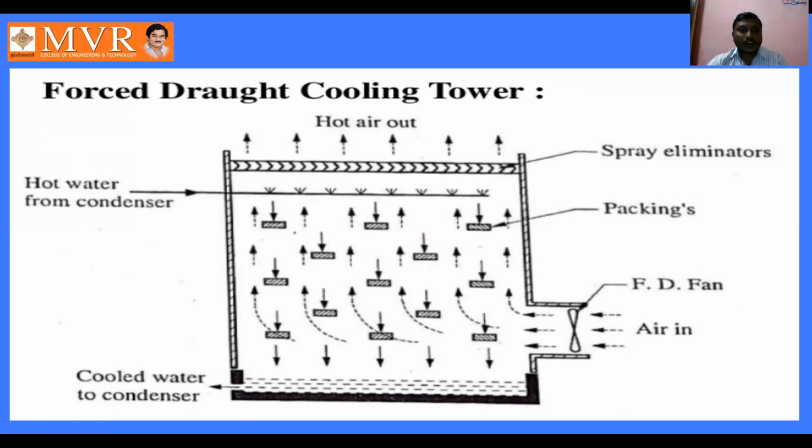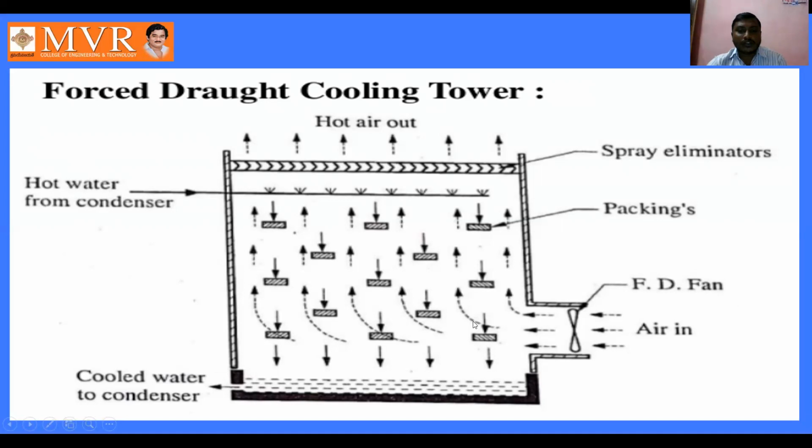The hot water comes from the condenser, and by using this pump the hot water is sprayed into the cooling tower. From the atmosphere, the air is sucked in by this FD fan and enters into the cooling tower, and the air rises up.